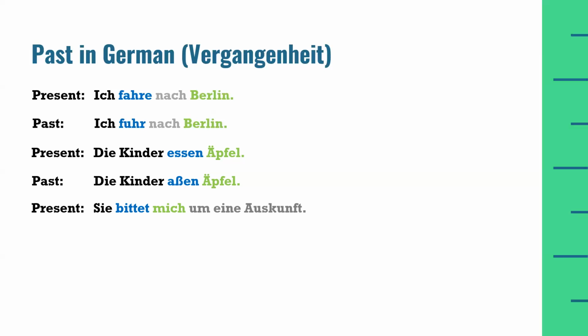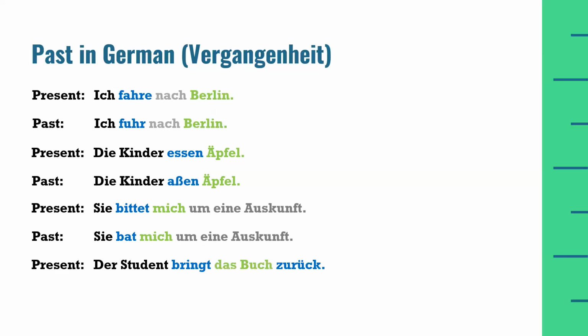So before that, we have to use this preposition. If I want to convert this sentence into past, I will say, Sie bat mich um eine Auskunft. She requested information from me. So we have kept the complete sentence structure the same. We have simply replaced the present form with the past form.